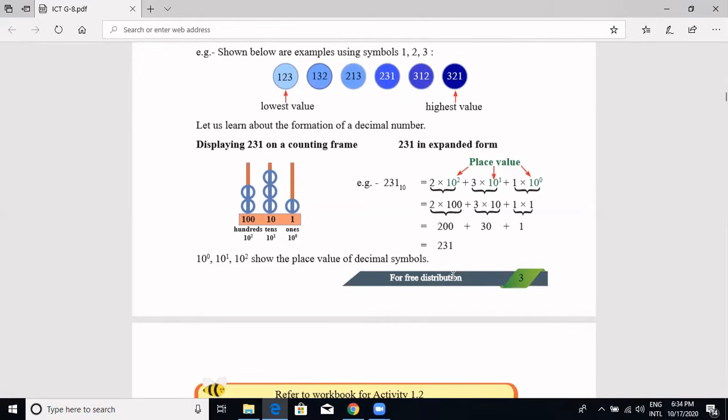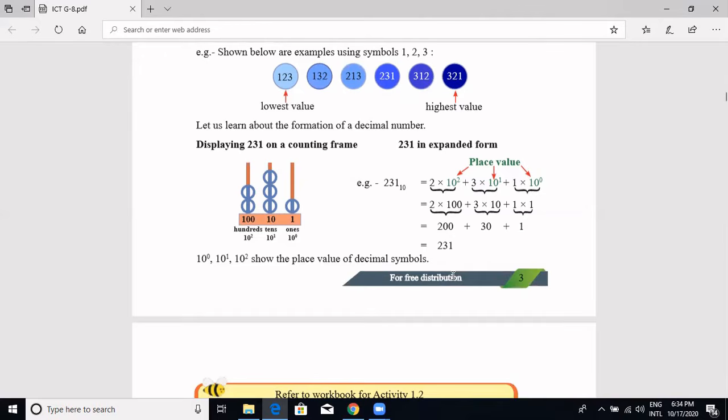Any number with the power 0, 2 to the power 0, 3 to the power 0, 4 to the power 0, it's 1. So the place value is 1 there. You can go up to 9, 1, 2, 3, 4, 5, 6, 7, 8, 9 into 1. So that's how the ones place is working.